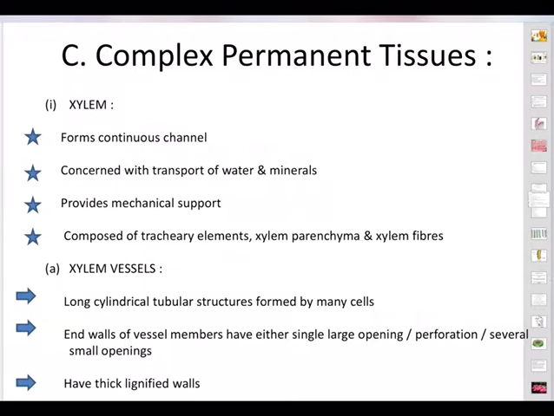Xylem tracheids and xylem vessels are responsible for conduction of water and dissolved salts. Xylem fibers give mechanical strength. And the xylem parenchyma is responsible for storage of food and conducts water radially, means circularly.